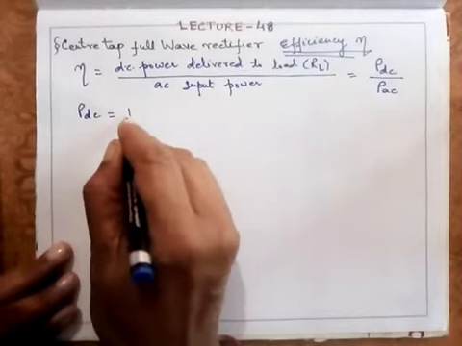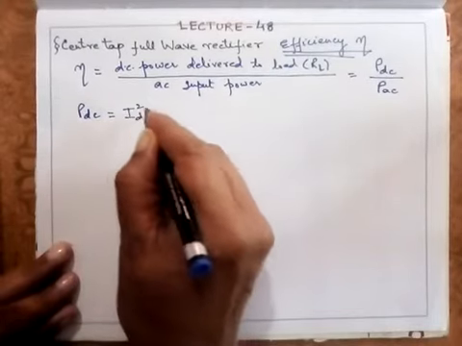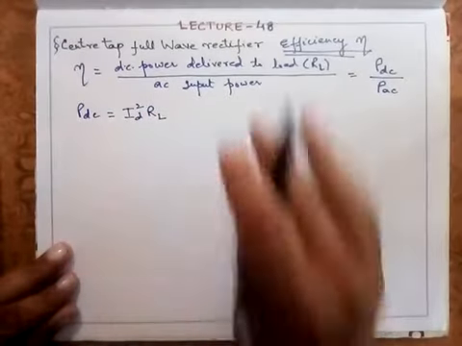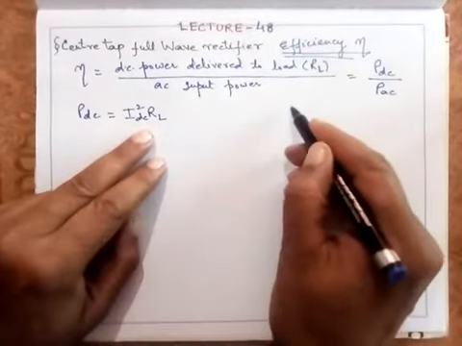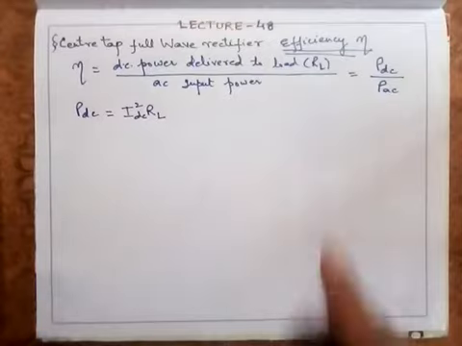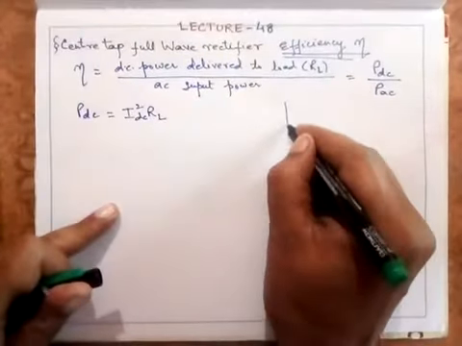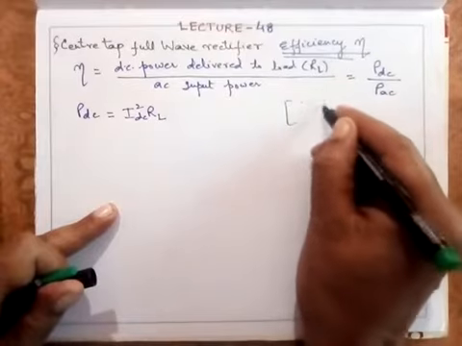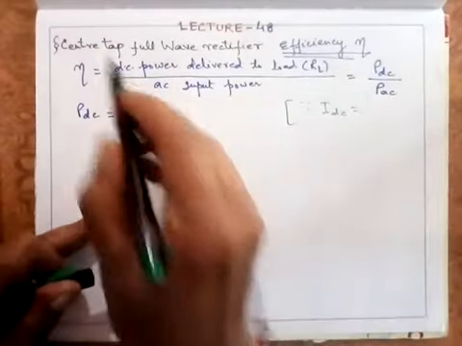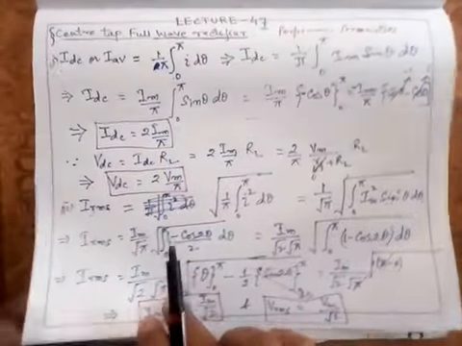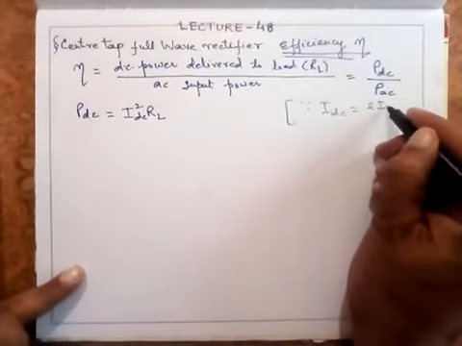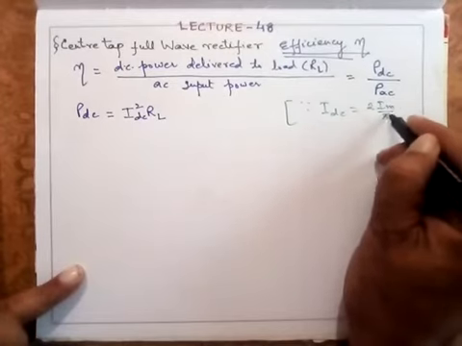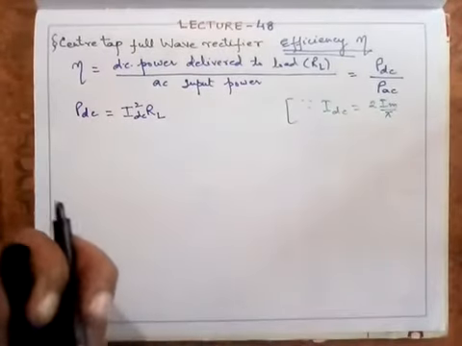In the previous lecture I discussed that IDC for a center tap full wave rectifier is equal to twice Im by pi. So since IDC is equal to twice Im by pi, I substitute it in IDC square.